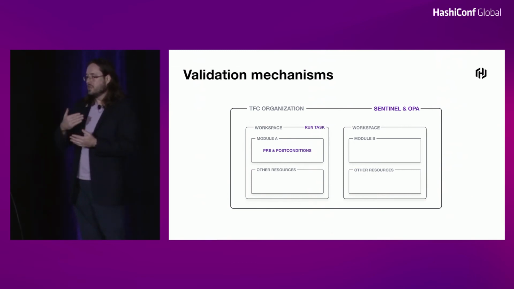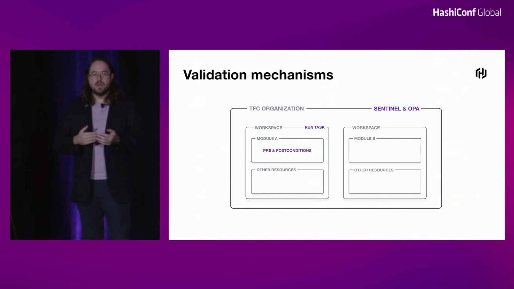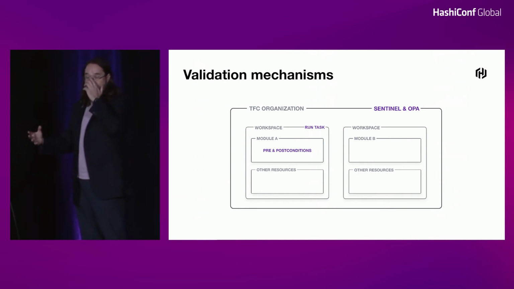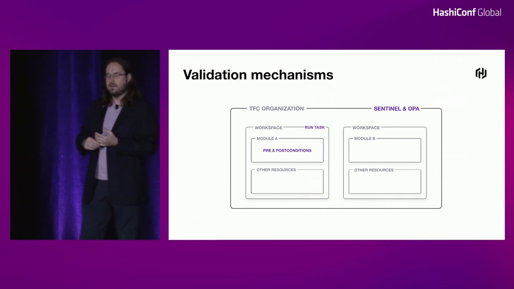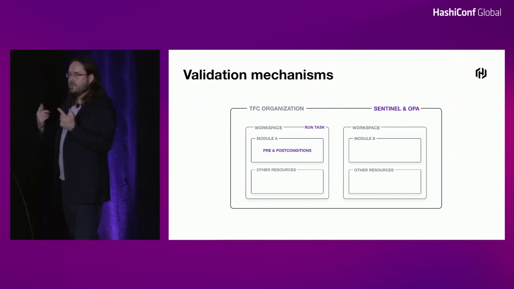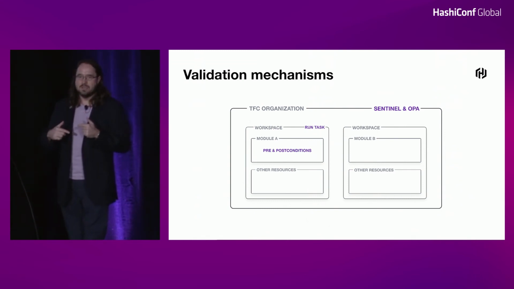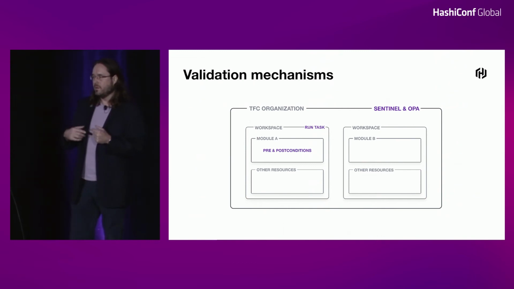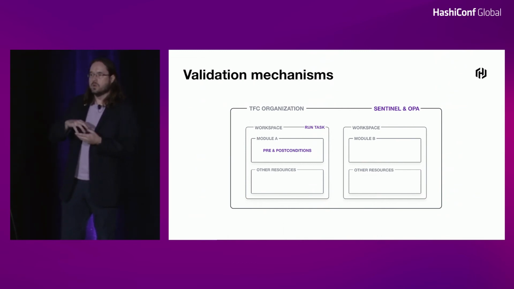For run tasks, those run per workspace after a Terraform plan, within Terraform Cloud, and that's kind of a more generic integration. You can go and check some external tool. And then the Sentinel and OPA policies that we're supporting natively within Terraform Cloud, those are also more of an enforcement mechanism.